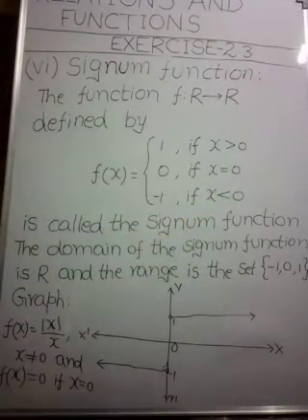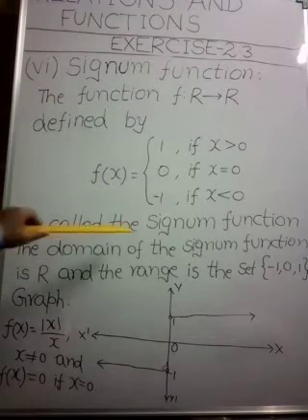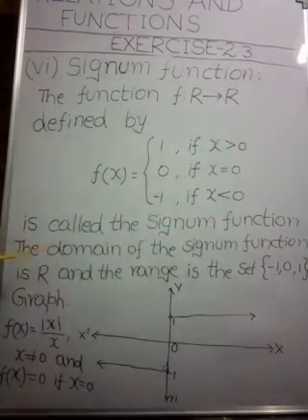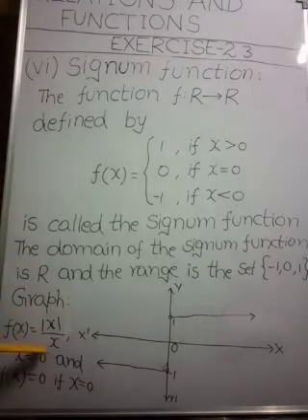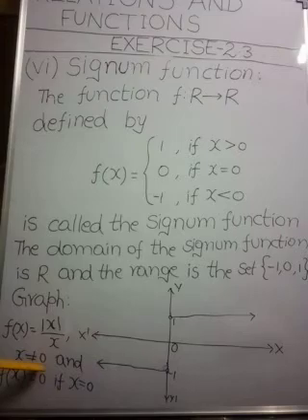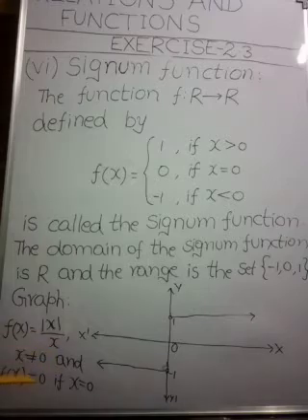If a function f is defined like this, then the function is called the signum function. It can be defined like this also: f of x is equal to mod x by x, x is not equal to 0, and f of x is equal to 0 if x is equal to 0. This is also signum function.